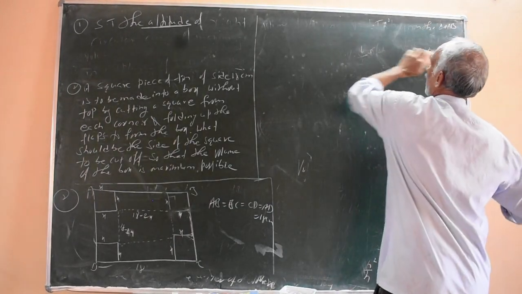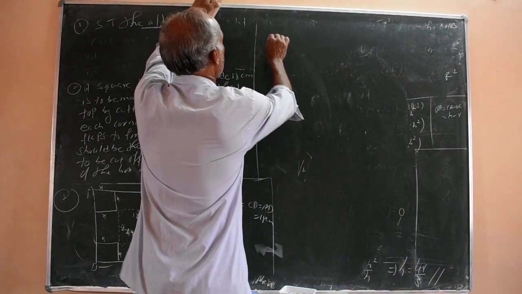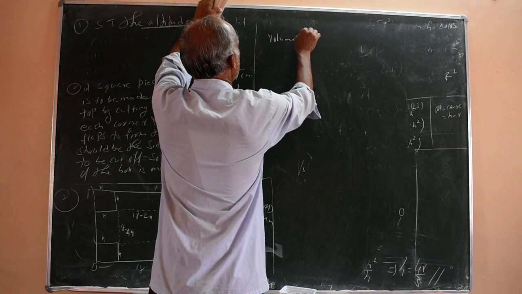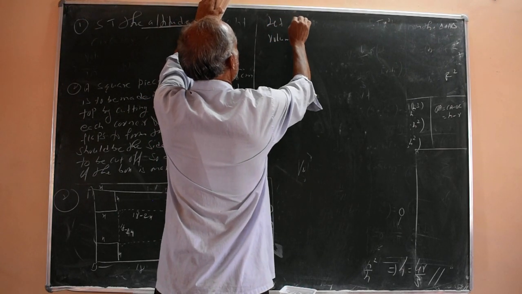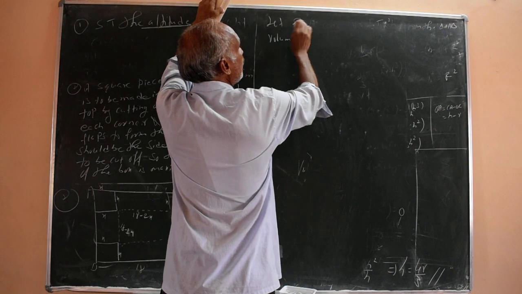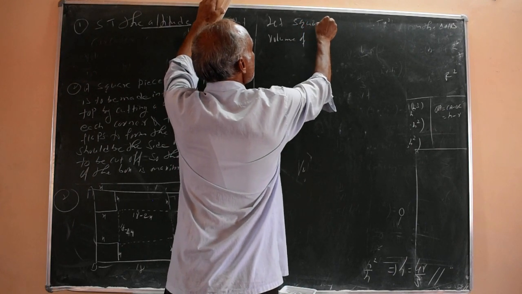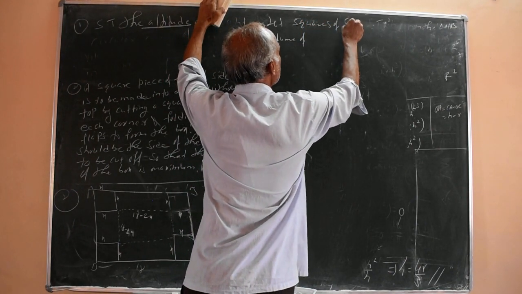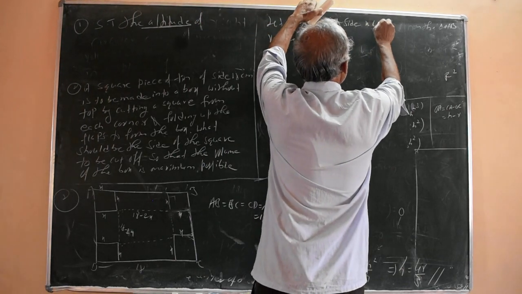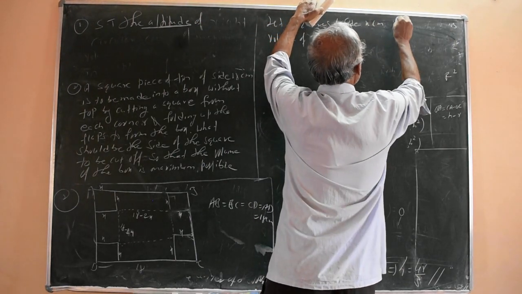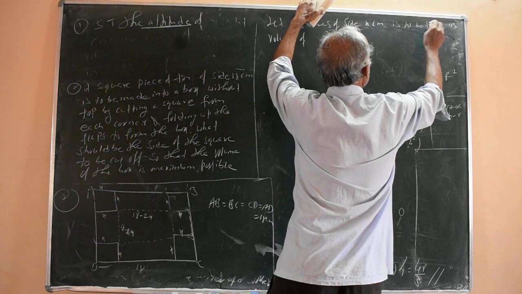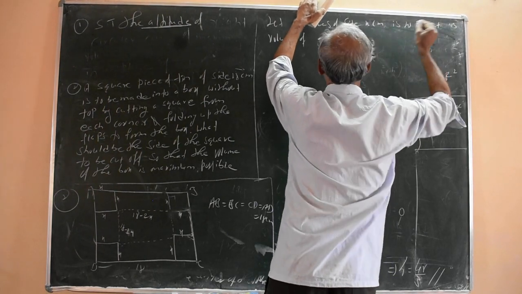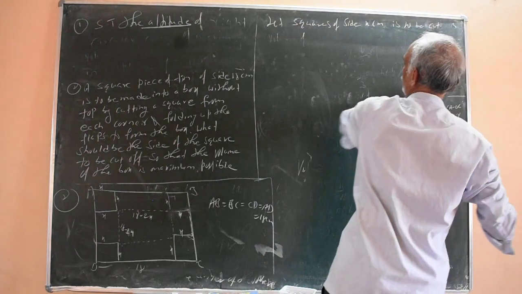Volume of the box. Let squares of side x centimeter be cut from 4 corners.